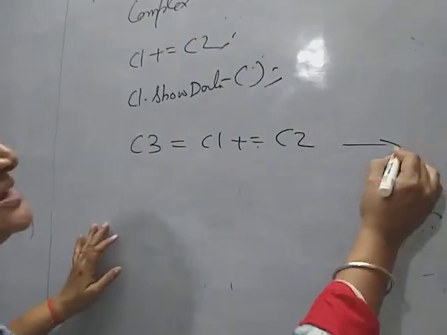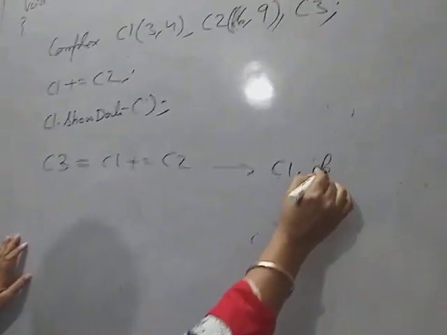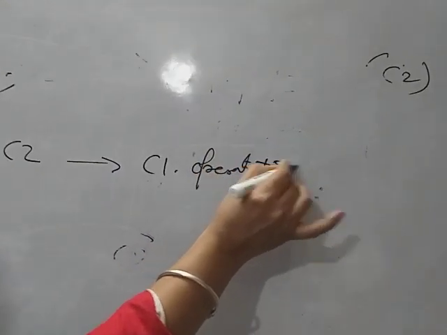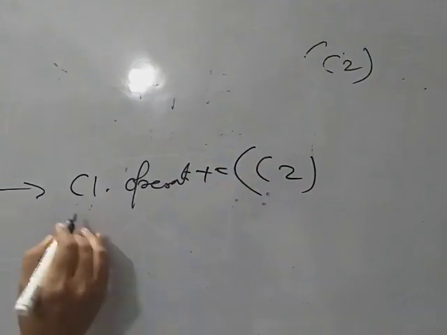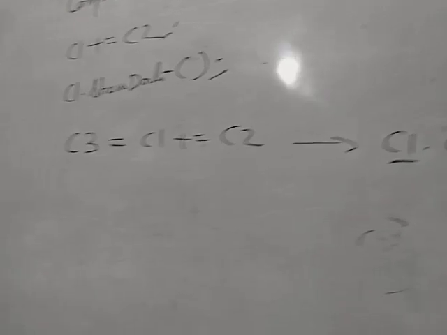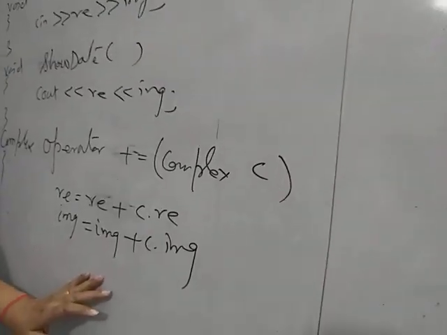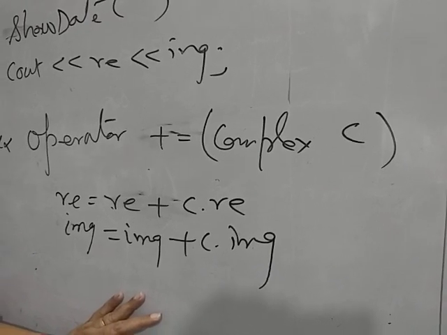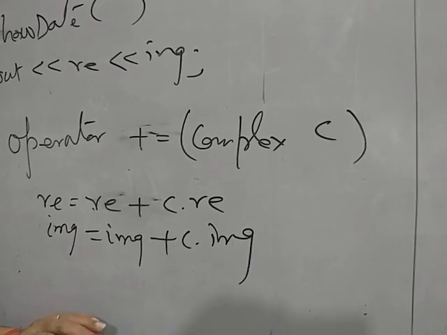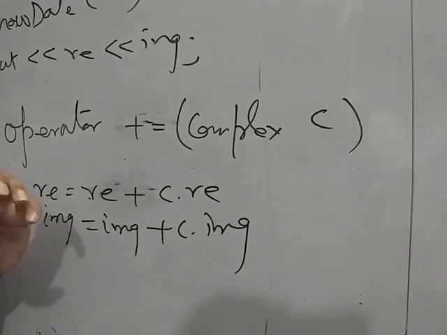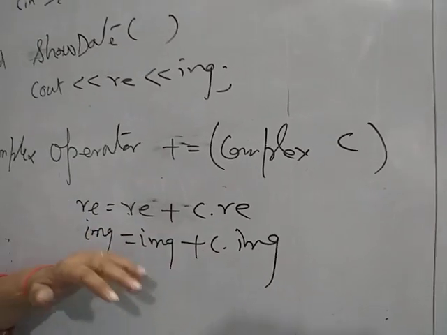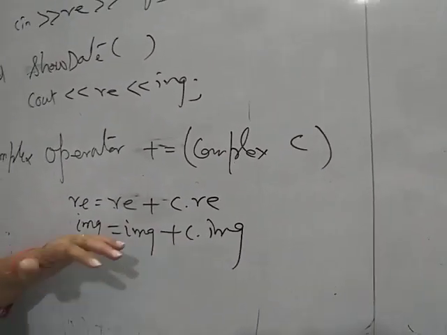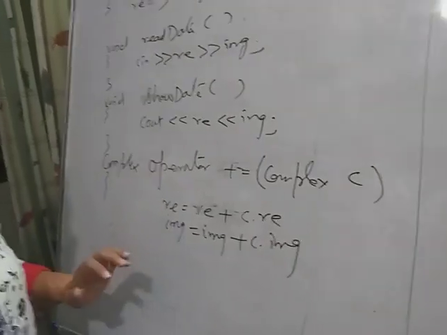Implicit object means C1 dot operator plus equal to C2 is called, so C1 is the implicit object, and we know that within the member function there is a pointer this that points to the implicit object.